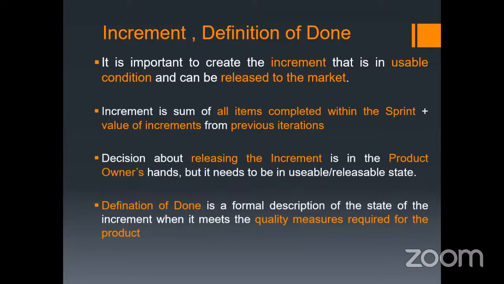Okay, so whatever feature is developed by the developer in a sprint must be integrated with the sum of all the increments, with the value of the increments of all previous iterations. Means when a particular sprint is happening, many more sprints have already happened before it, and for every sprint there was an increment.